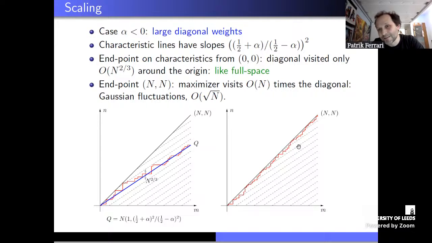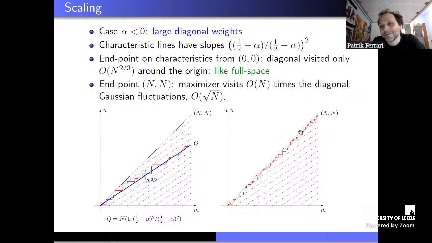So they will be pushed all the time toward the boundary, which means, at least we did not try to prove it, but heuristically, it will typically see order 1 random variables on the diagonal, which have a higher expectation as usual than the ones in the bulk.